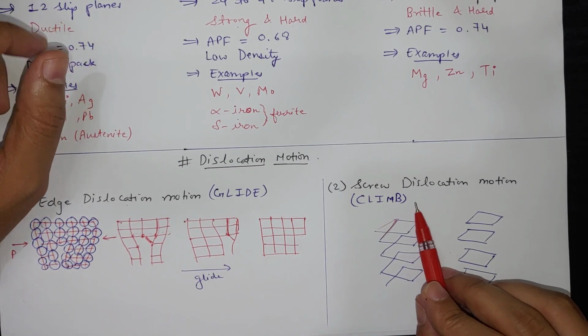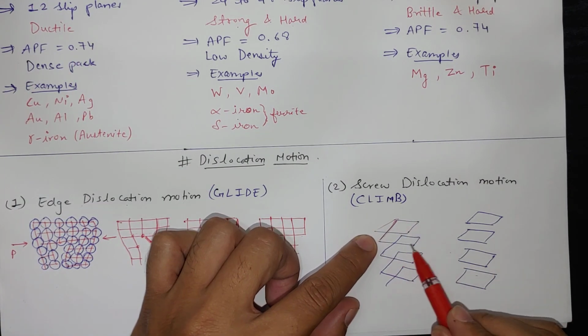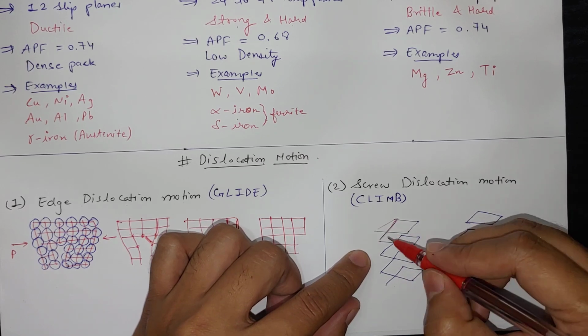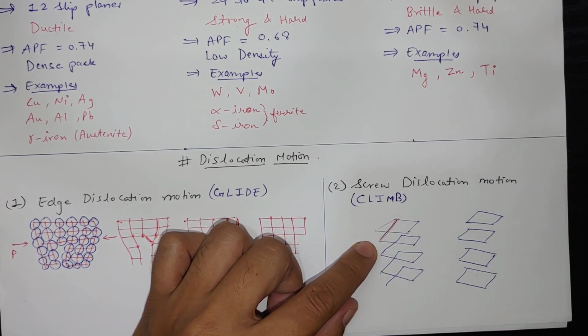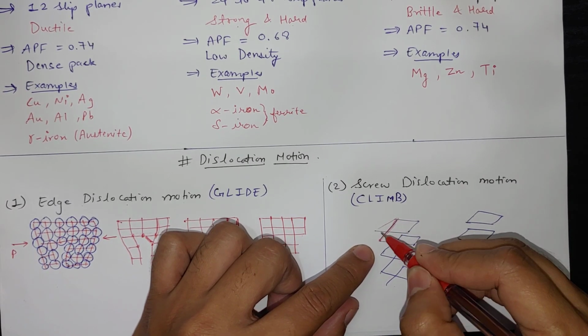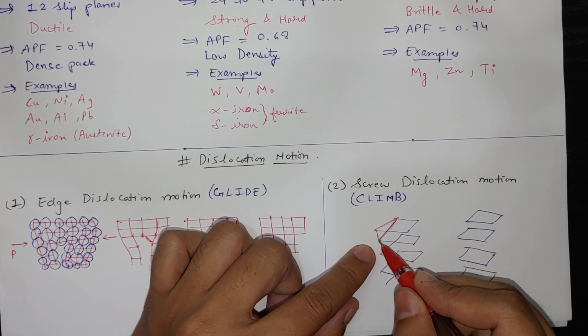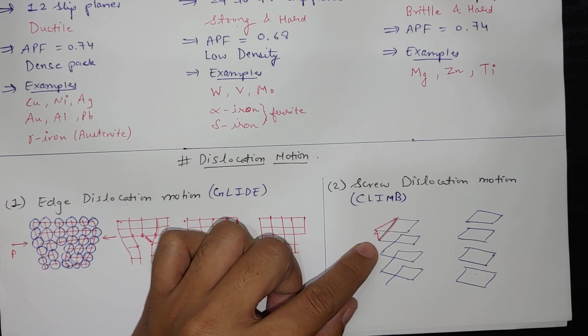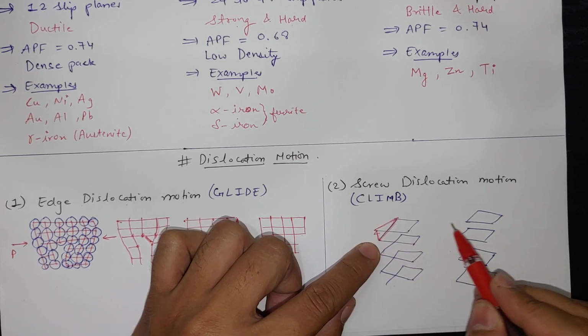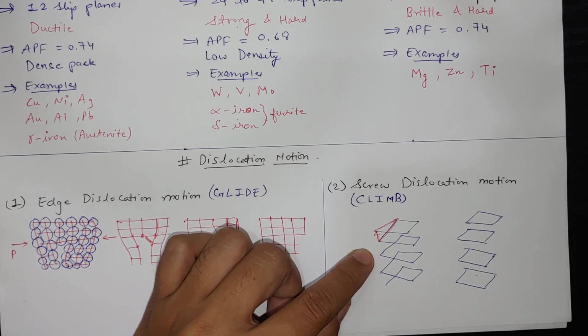In screw dislocation we have a spring like structure. So this particular edge, if we apply the load, this particular point will pair with this and climb motion will take place in screw dislocation, and this will form a perfect rectangular or square structure.